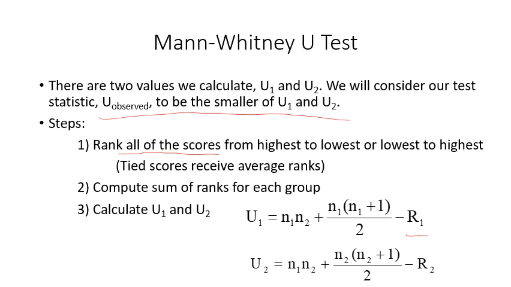So if group 1 was husbands, it would be minus the ranks for group 1. You do the same thing for group 2, except now it's N2 times (N2 plus 1) for the middle part, and then you subtract the ranks for the second group, the wives here. Important to know, if your N1 and N2 are equal, you don't have to do everything before the ranks more than once. You just need to do it once because it's going to be the same either way if your N's are equal.